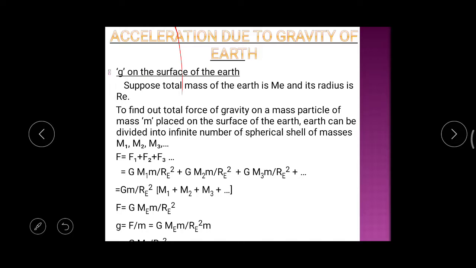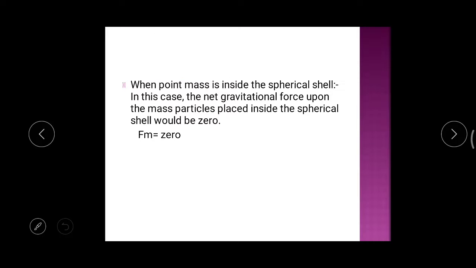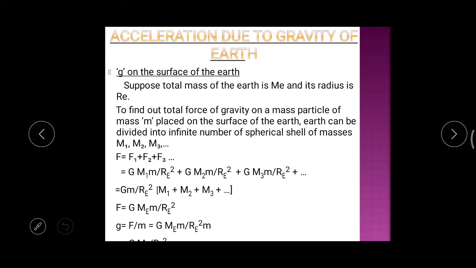Hi dear students, so let us come to the acceleration due to gravity of the earth. If you are considering the points or the heights which are near to the earth's surface, we consider the value of gravitational acceleration constant g as a constant, that is 9.8 meter per second square.